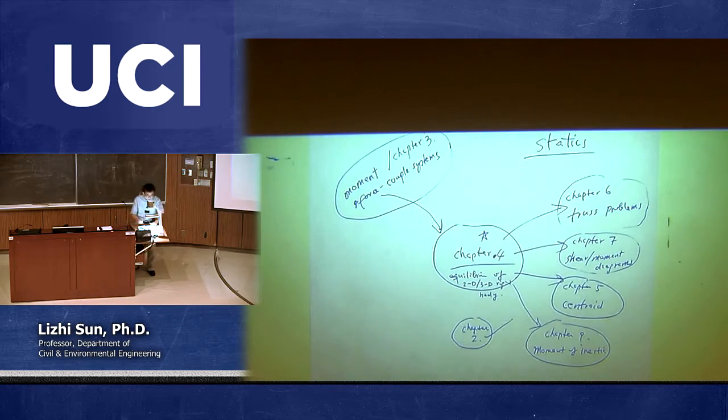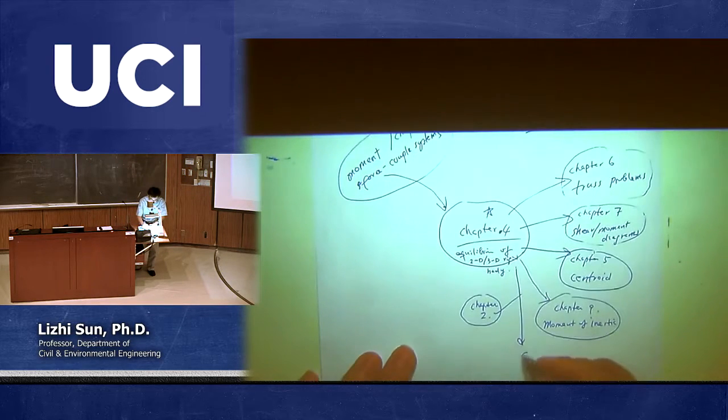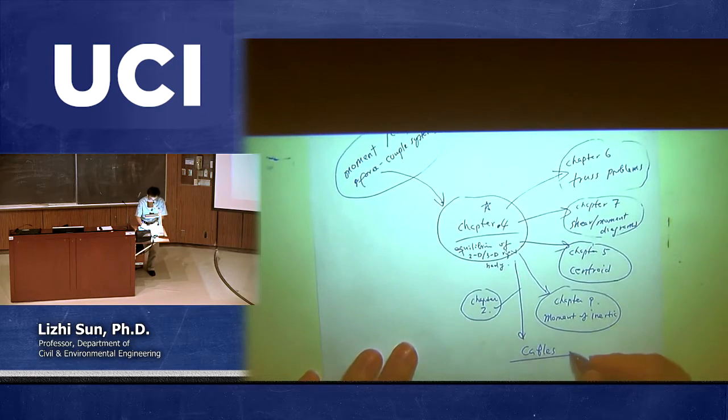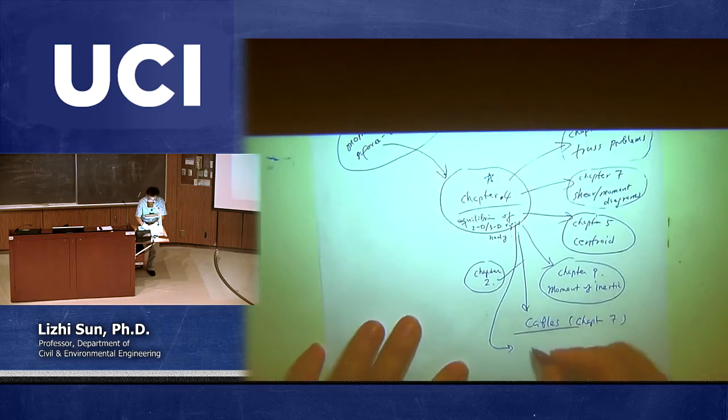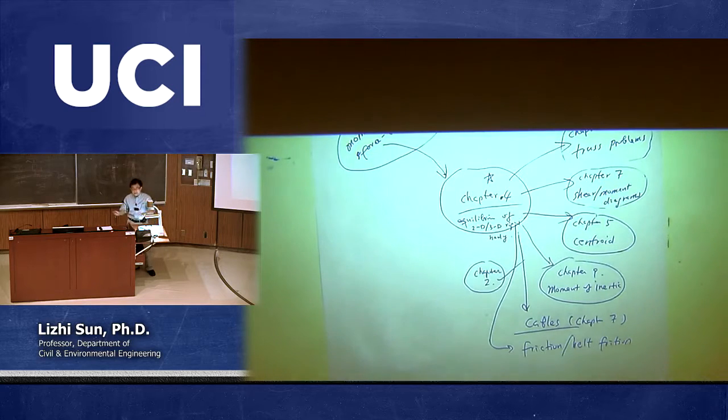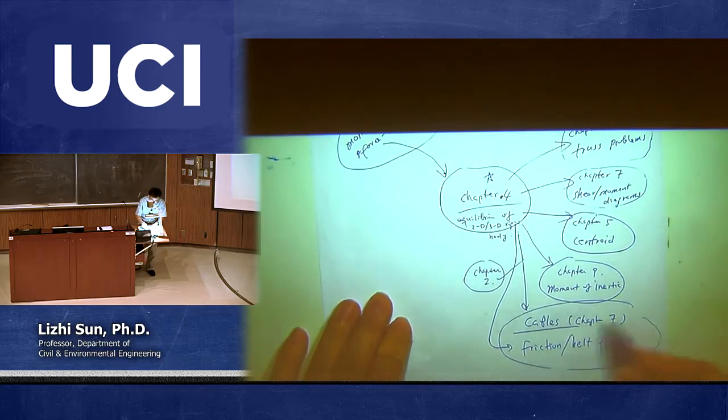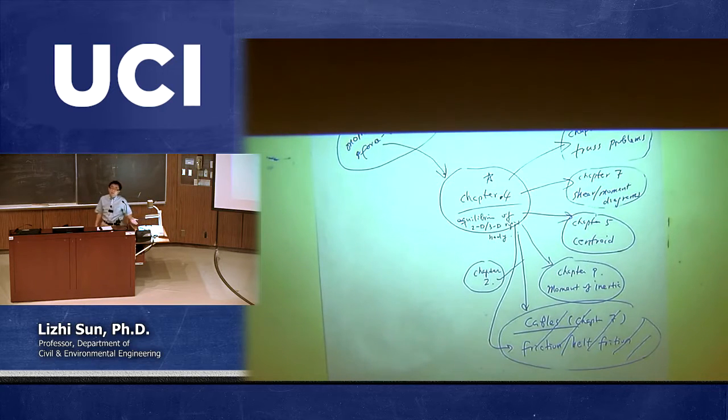Of course, you may ask, how about cables? I did spend a little bit of time talking about cables, which is part of chapter 7. And I did spend a little bit of time talking about friction, specifically belt friction. That is part of chapter 8. But these two parts will not be covered in the final exam, because I did not even give you any homework, right?